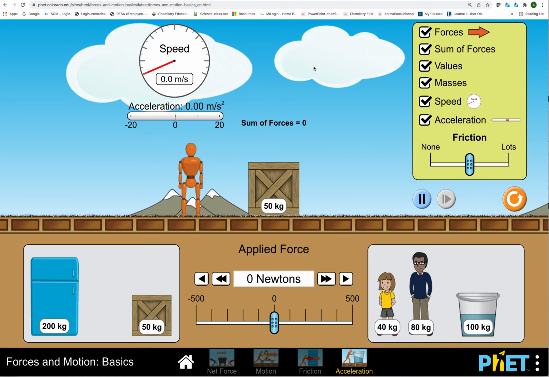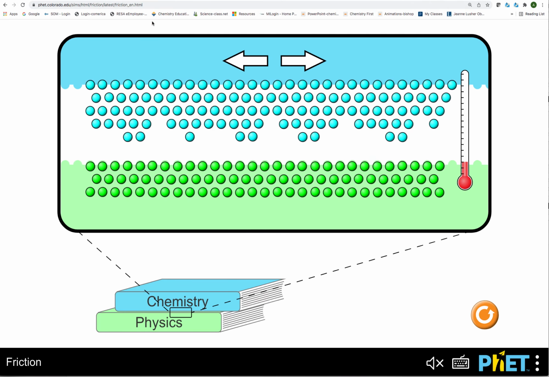I want you to notice here that the people who made this simulation did a very good job. Friction is the force that holds two surfaces on top of each other. They did something like this before in a previous PhET simulation.